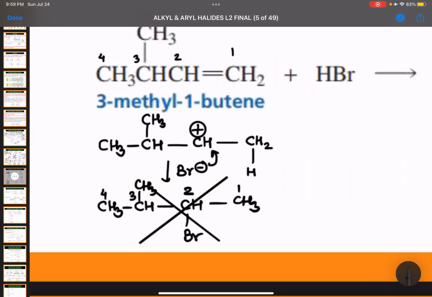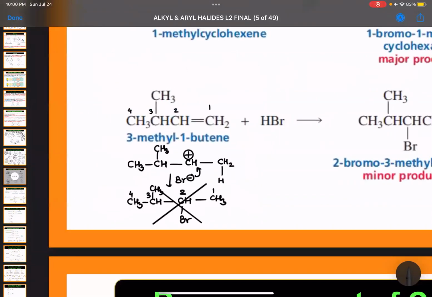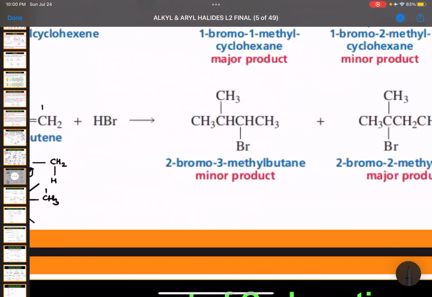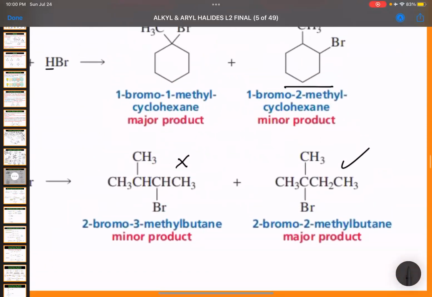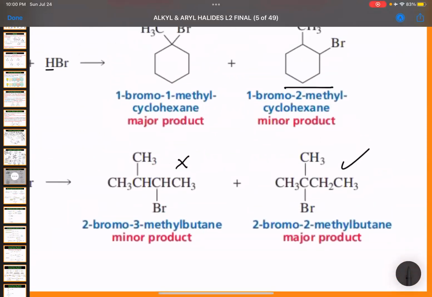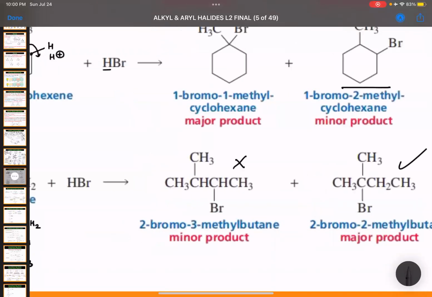Yeah, this is not the answer. Pavitra, you can try it. The answer is this one. This is not the answer. Samira, what has happened to it? How can the Br come to the tertiary carbon?